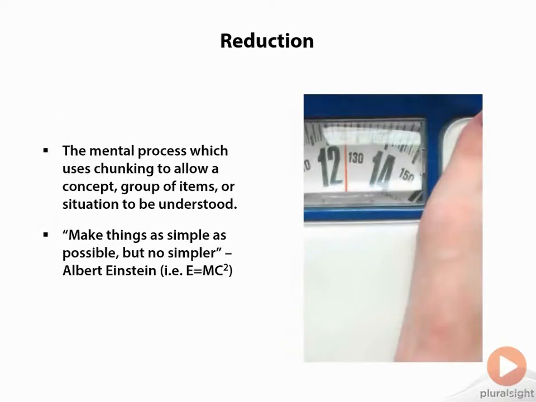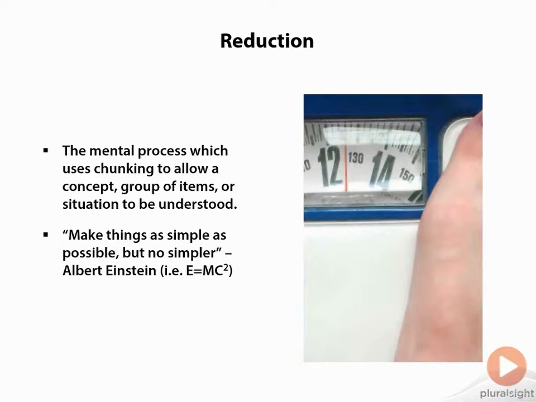So reduction uses chunking, and it uses it so that we can understand the situation. So it's about the simplification process. Chunking is about how do we get things together, and reduction is, well, how do we make it simpler? This is why we have stereotypes. We all say that stereotypes are bad. Well, actually they're not. They can be bad, but stereotyping is a natural process that we do to simplify our world.